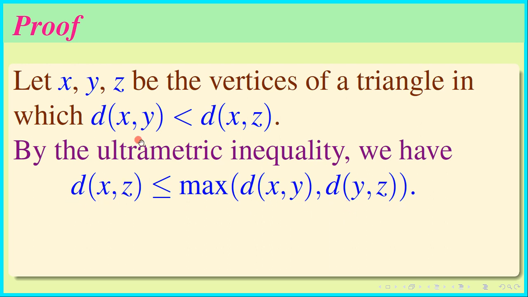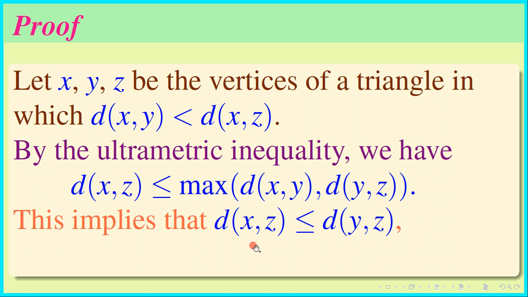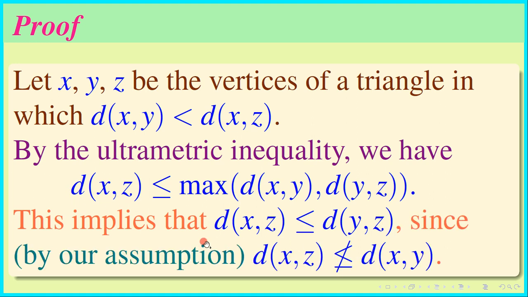But our assumption says that d(x,y) is less than d(x,z). Therefore, this maximum value cannot be equal to d(x,y). Otherwise, d(x,z) will be less than or equal to d(x,y). So this maximum value must be equal to d(y,z), which means that d(x,z) is less than or equal to d(y,z). This is because of our assumption: d(x,z) is not less than or equal to d(x,y). It is in fact greater.